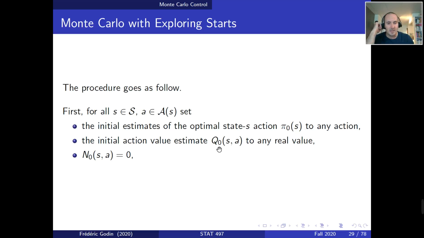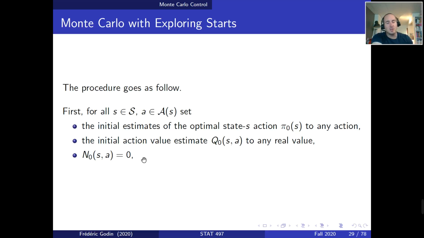The initial estimate of the action value function for any state action pair is set to any real value, so you can put them all to 0, which would make sense. And N_0(S,A), the number of times the state action pair (S,A) was sampled in the past to construct an estimate, of course starts at 0, because initially you've averaged nothing to get your estimates.